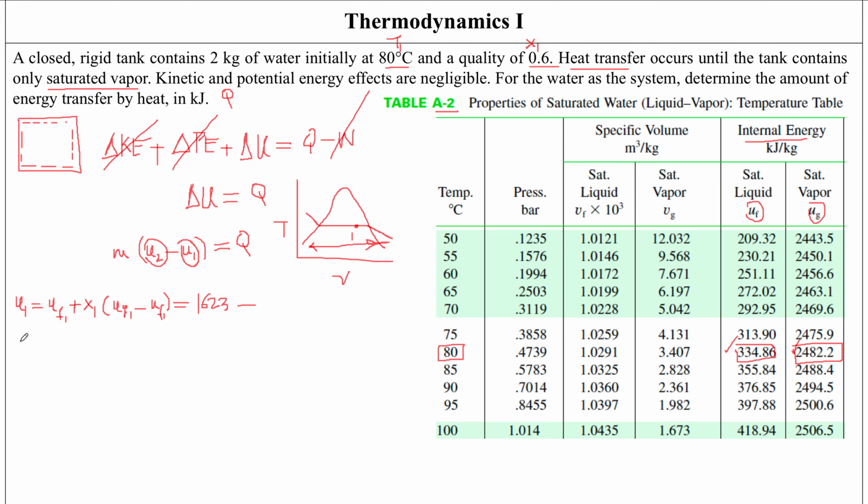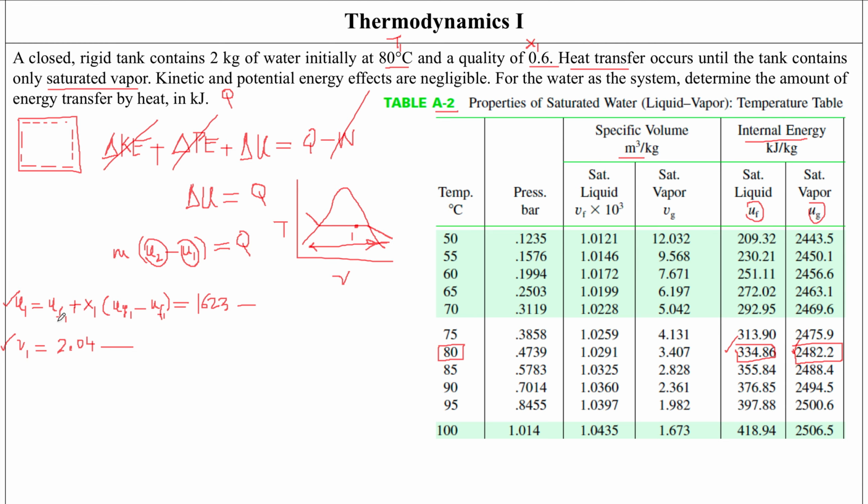Okay, so again, just like this equation, you find out specific volume at state 1 using the same kind of equation. Okay, so instead of U, it's going to be V. Everything else remains the same, and so your V1 is going to be around 2.04. That's going to be in meter cubes per kilogram.